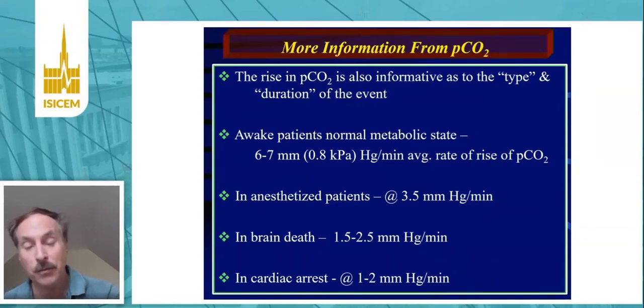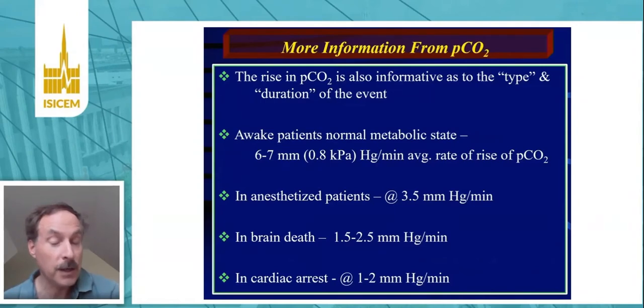This contrasts to patients who, for example, are awake and alive and breath holding and in a completely normal metabolic state. We typically produce about 6 to 7 millimeters of mercury per minute of rise of PCO2 in our bloodstream. And in between are patients such as anesthetized patients or brain death, which are somewhere in between those two extremes.